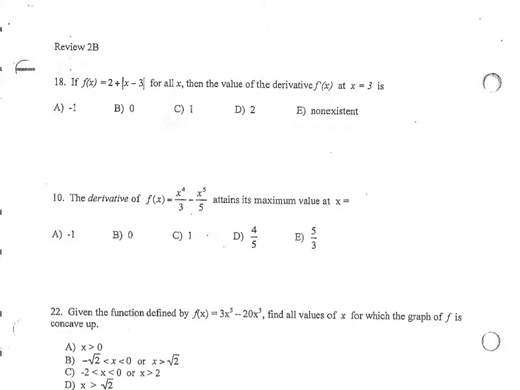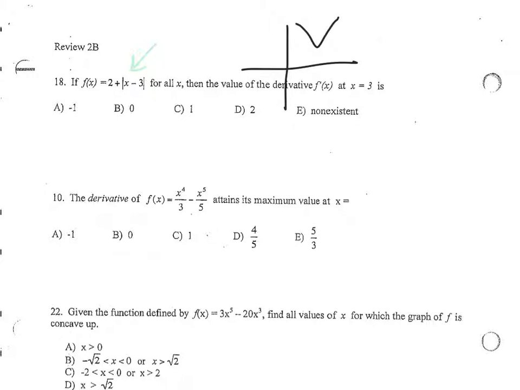And this is review 2B. We're going to continue on here. Number 18, you have this absolute value, another one of those common things. Absolute value is a weird function in that it is not super well defined. You don't have a formula for finding the first derivative of an absolute value function, and in fact, it doesn't have a first derivative at its point.